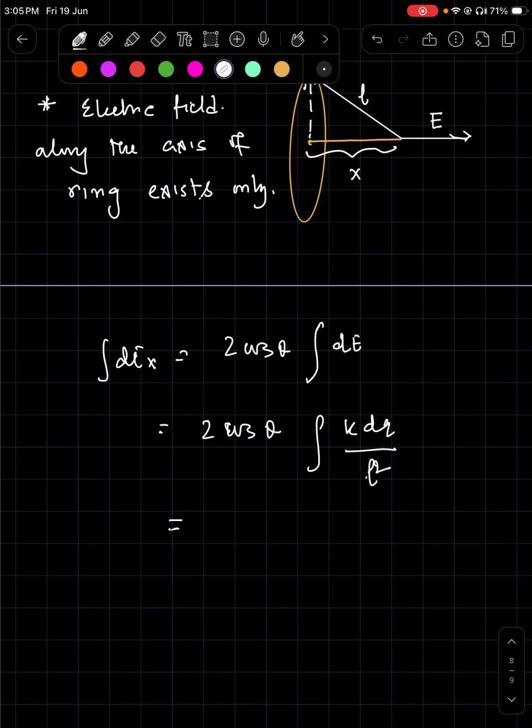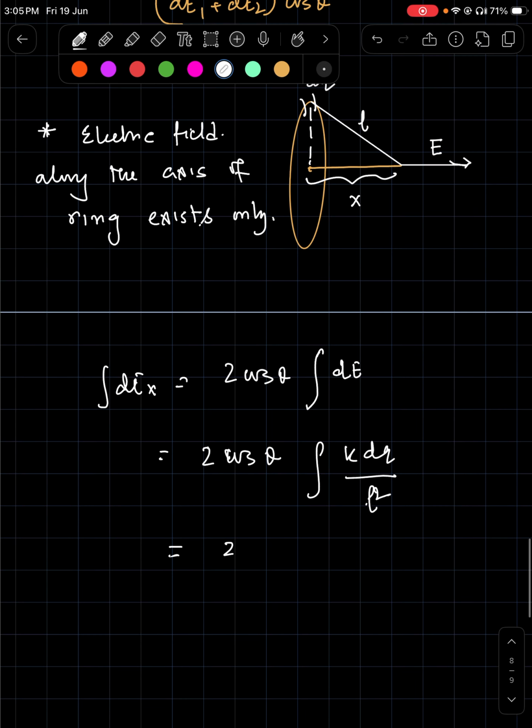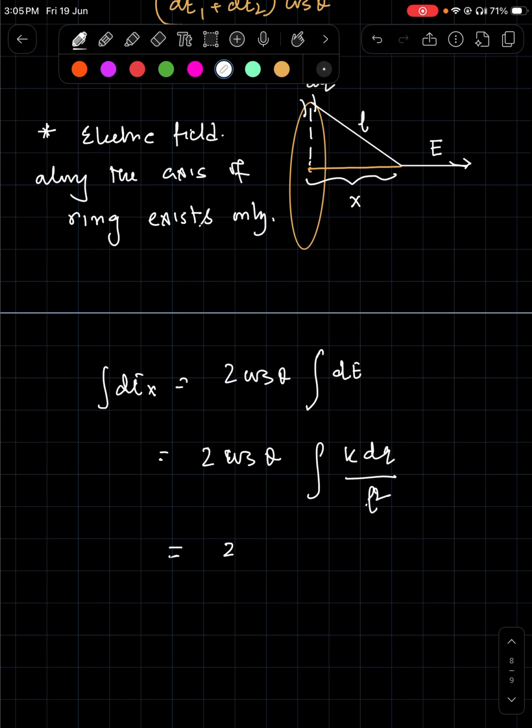And the next line: k and L square are common, because k is a constant factor, and L is the distance, which is the same from every line element to this point, right?